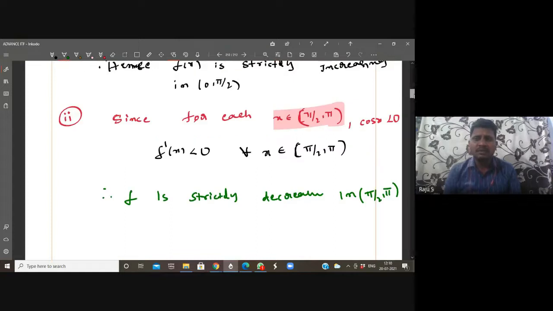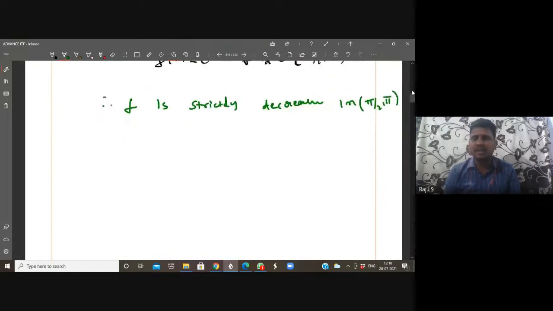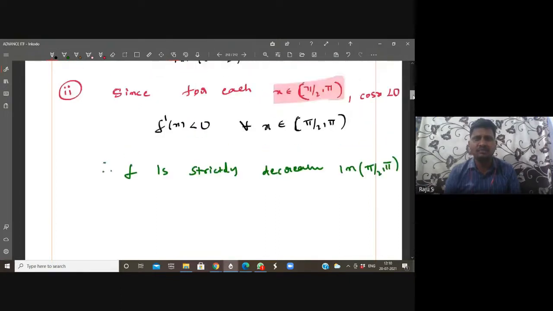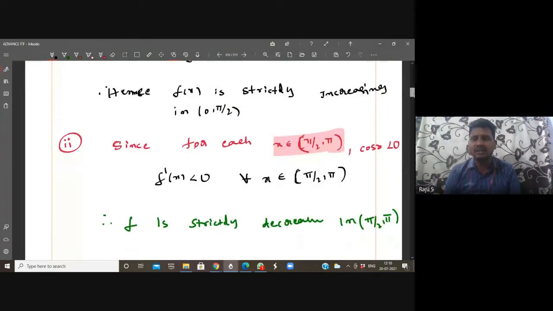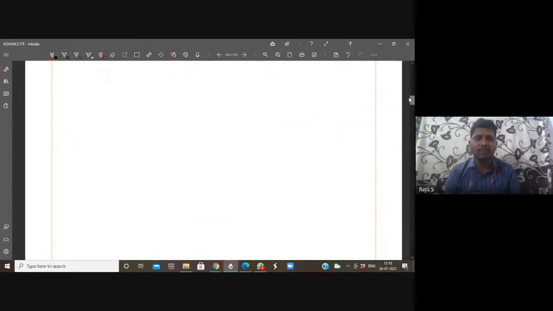Is it clear, students? Just check that first derivative value: if it is greater than 0, strictly increasing; lesser than 0, strictly decreasing; greater than or equal to 0, just increasing; lesser than or equal to 0, decreasing. Then what shall we write in the third subdivision?